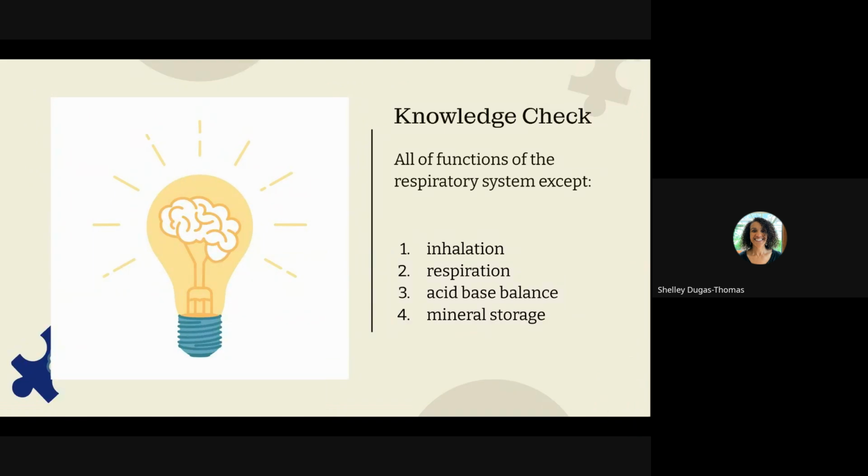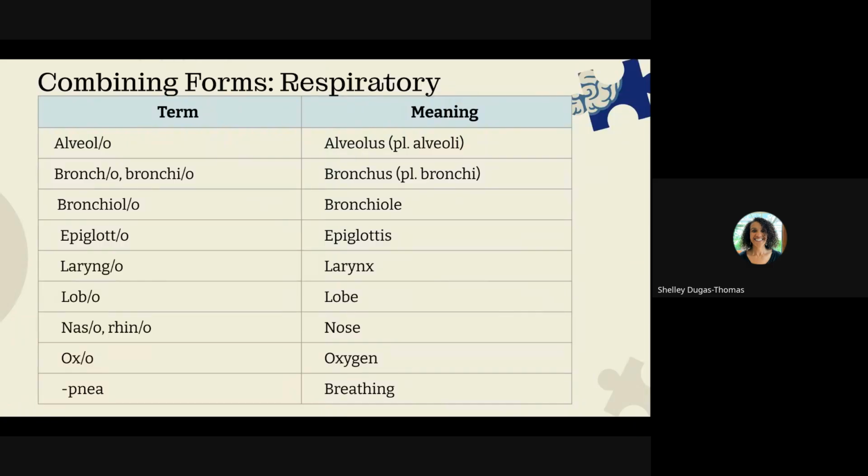So here is a knowledge check. So I don't know if you are making flashcards and you're writing them out, that might be a helpful way to learn some of these terms. Notice we have two roots for nose: naso, Latin, and rhino, Greek.